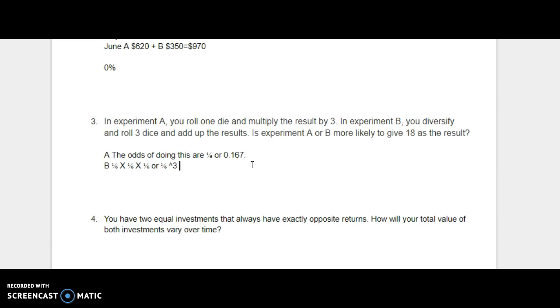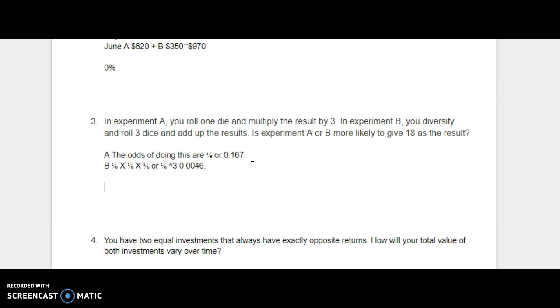So the chances of experiment B working are going to be 0.0046. So which one are we more likely to do? Experiment A with our chance of 0.167 or experiment B with our chances of 0.0046? That's right. So experiment A is going to be more likely to result in 18.